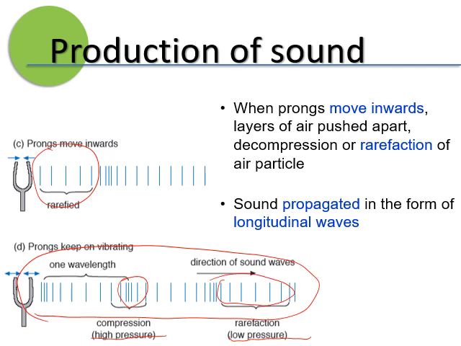More importantly, when you see these layers of air, you can see that a wavelength is measured from one compression to another compression. You can also define the wavelength as the center of a rarefaction to the center of another rarefaction. So in case you're asked how to determine the wavelength of a sound wave, it is from the center of a compression to the center of another compression, or the center of a rarefaction to the center of another rarefaction.